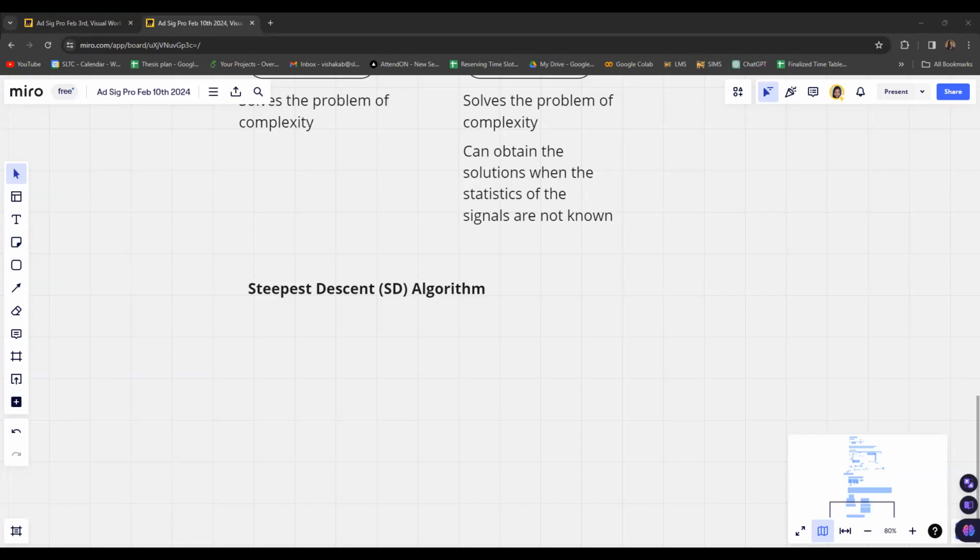Using the models, we can find the updated filter coefficients. I will write down the models that are required to find the filter coefficients using this method.